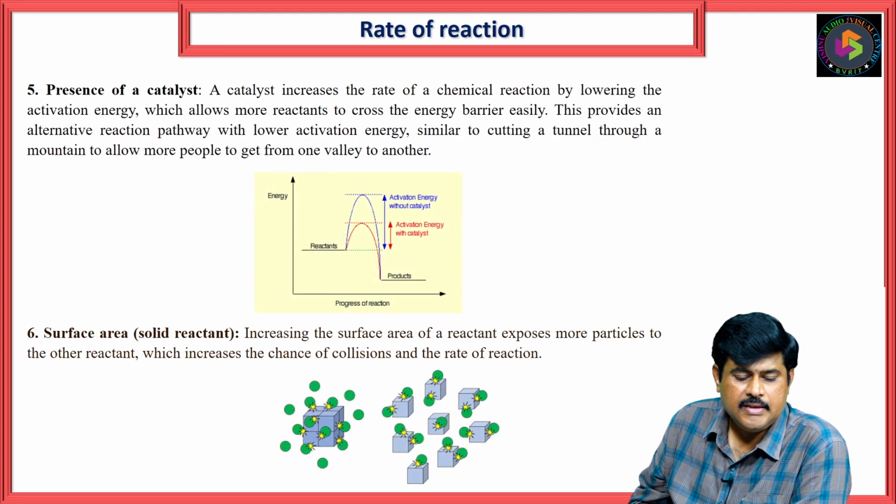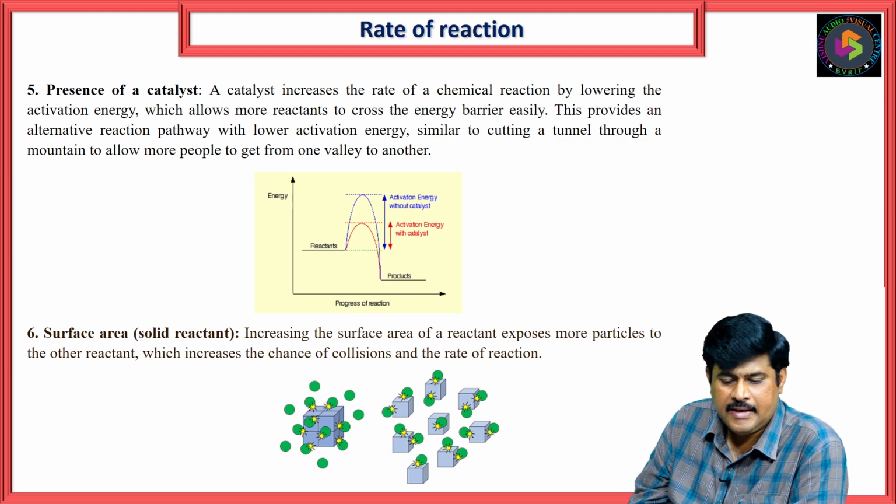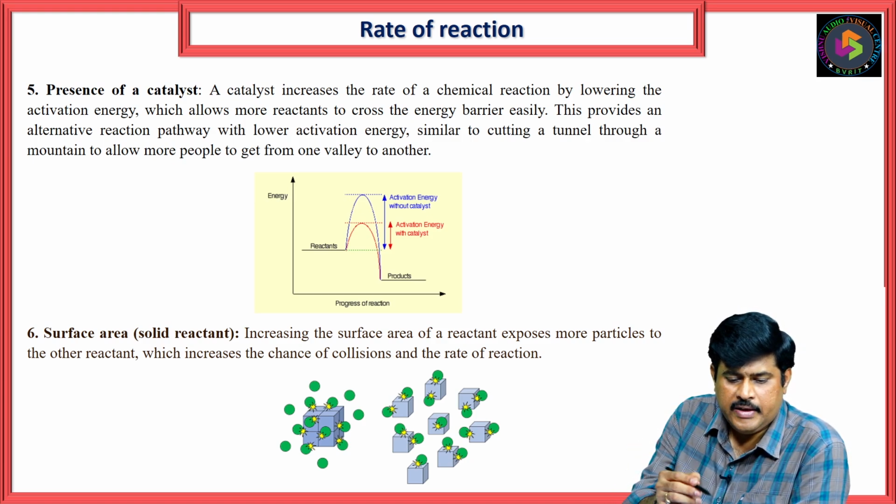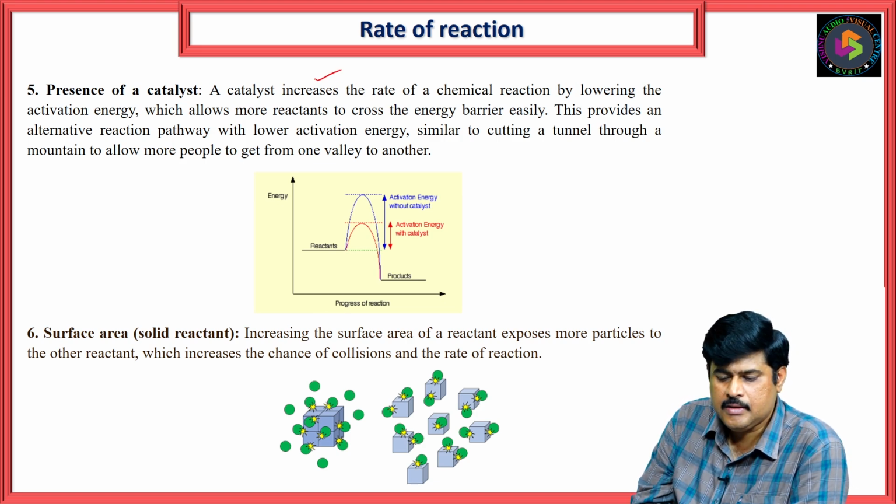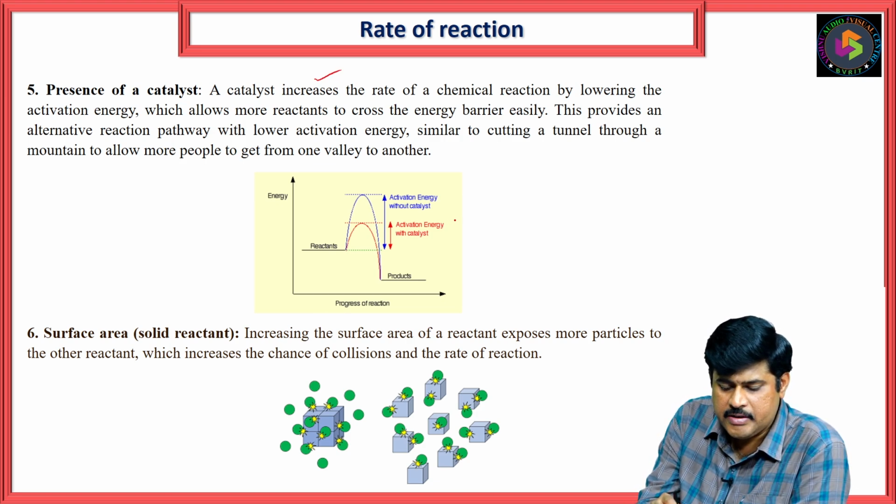The fifth factor is the presence of catalyst. As already told, the catalyst increases the rate of the reaction without being consumed in the reaction. If the catalyst is there, what will happen? It lowers the activation energy. You can see here it lowers the activation energy.